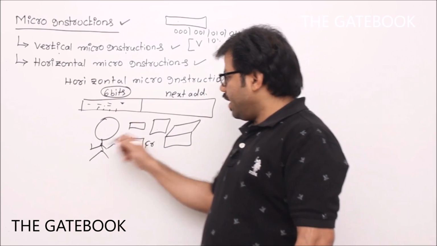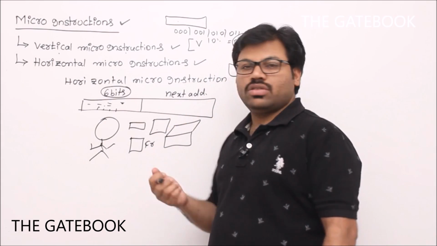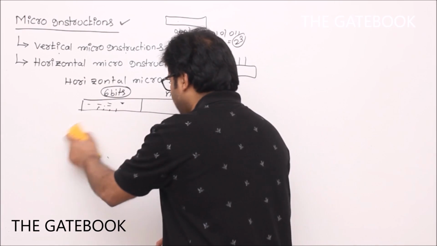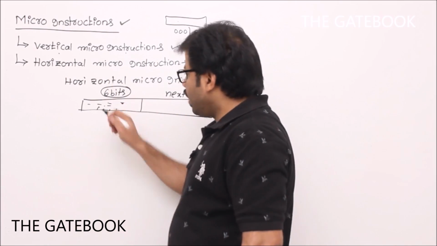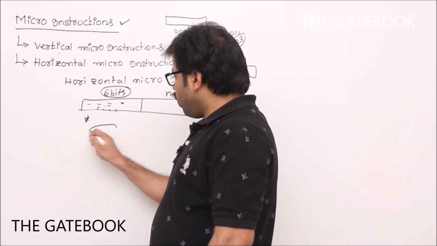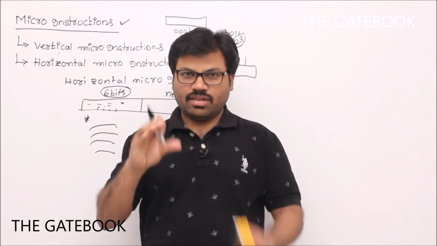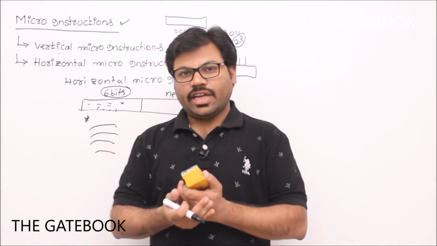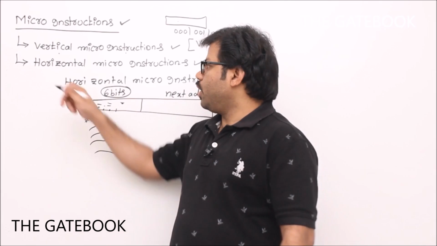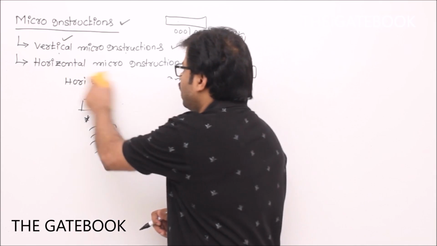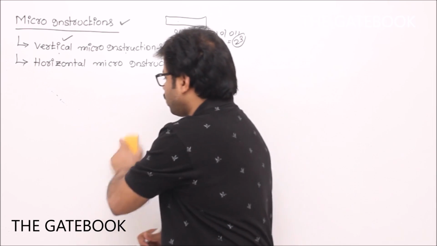But you tell me, at a time, how many devices do you use? At most one, right? Similarly here also. If, though you have a lot of signals, only a few signals are present in the word, then we can optimize by using vertical micro instruction, correct? So this is about horizontal versus vertical.